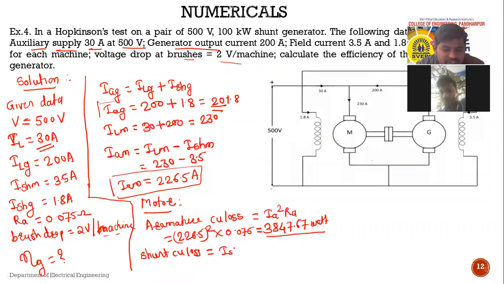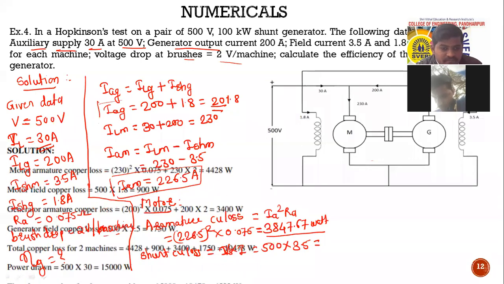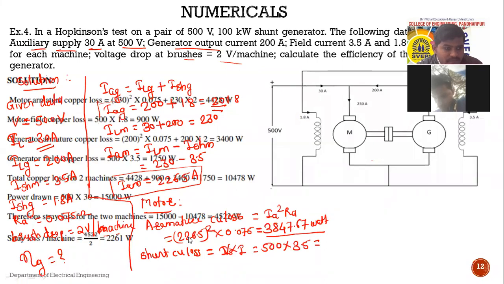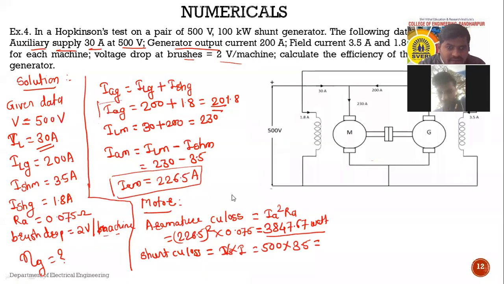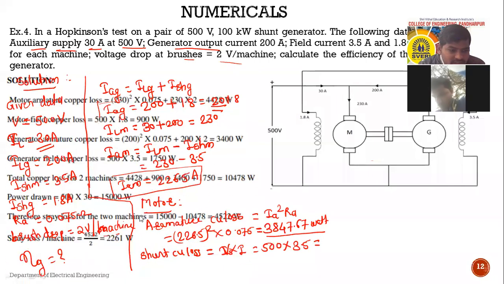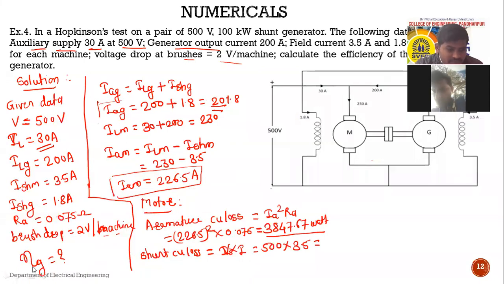That is ISH square into RSH, but we are not having the value of RSH, so V into I. V is nothing but 500 into ISH, which is 3.5. That is 1750 watt, right?